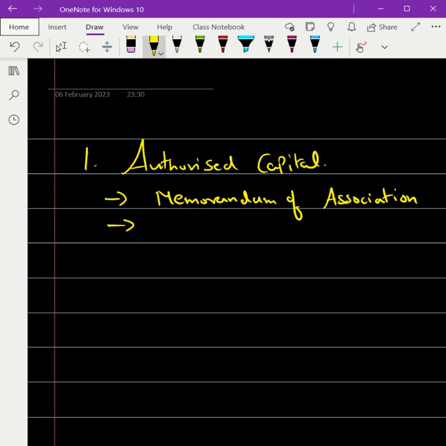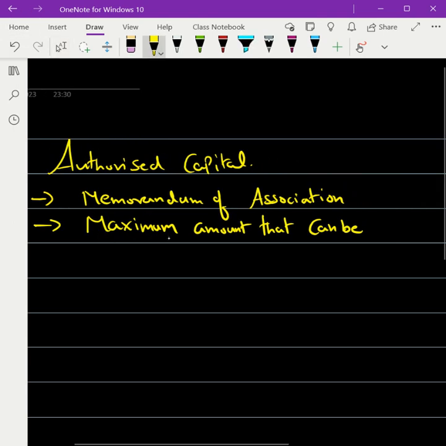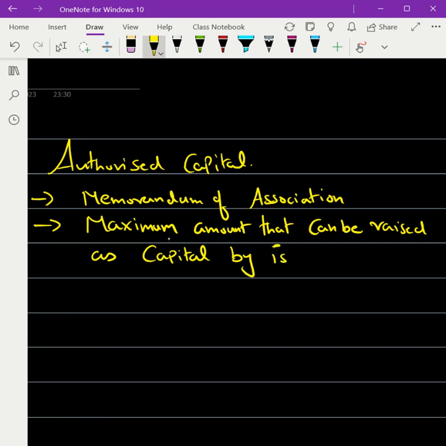So the second point is that it is the maximum amount that can be raised as capital by issuing shares.